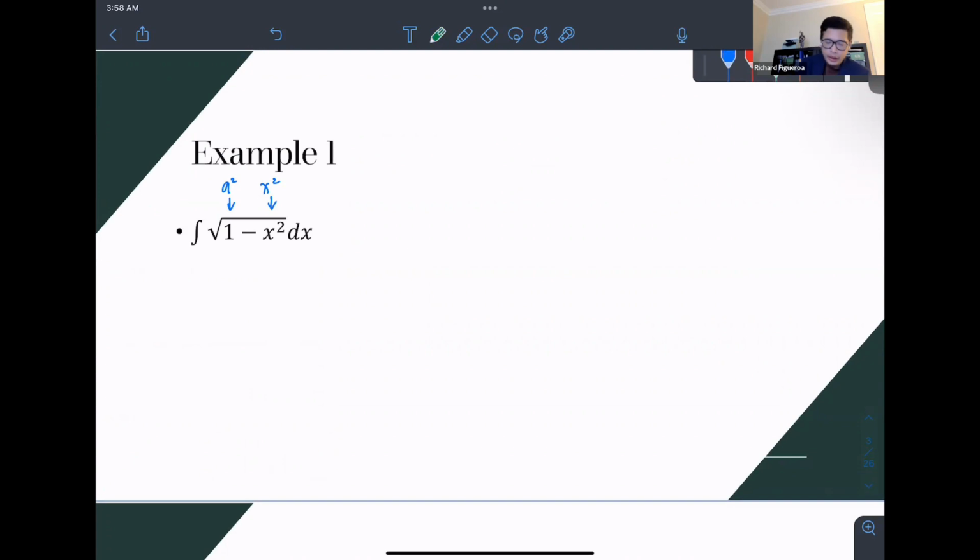Therefore, the substitution is x equals a sine theta. But our a is 1, so that would just be sine theta. So we let x be sine theta, and we differentiate, so dx is equivalent to cosine theta d theta.